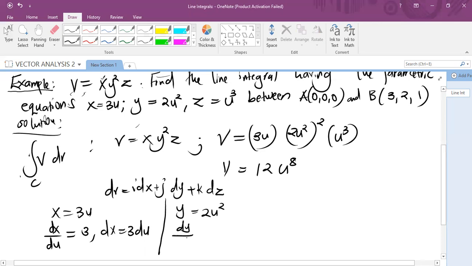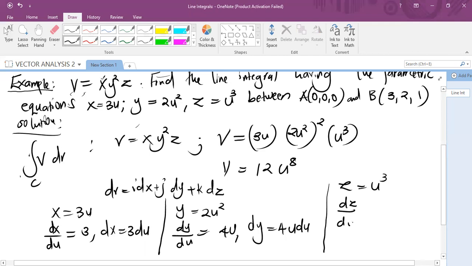So what is dy/du? dy/du is equal to 4u. So our dy is the same as 4u du. Then finally, our z is equal to u cubed, meaning our dz/du is 3u squared. So our dz is the same as 3u squared du.